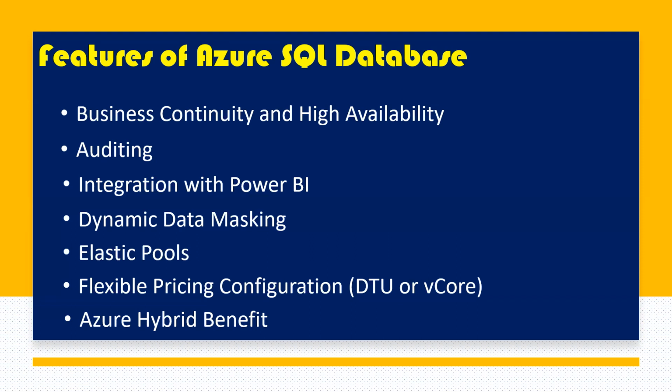But what is the meaning of each one? What is the meaning of business continuity and high availability? See, imagine I have my data center in one place.